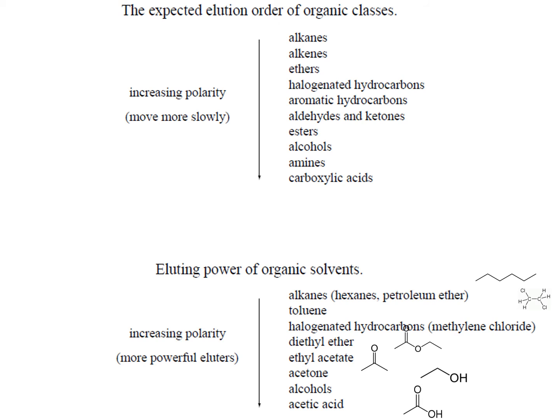The general concept on organic compounds is that polarity increases as we go from alkanes to carboxylic acids. So if we have a compound in the alkane group, that means it's a non-polar compound. If we have a compound like benzoic acid, it will be a polar compound.